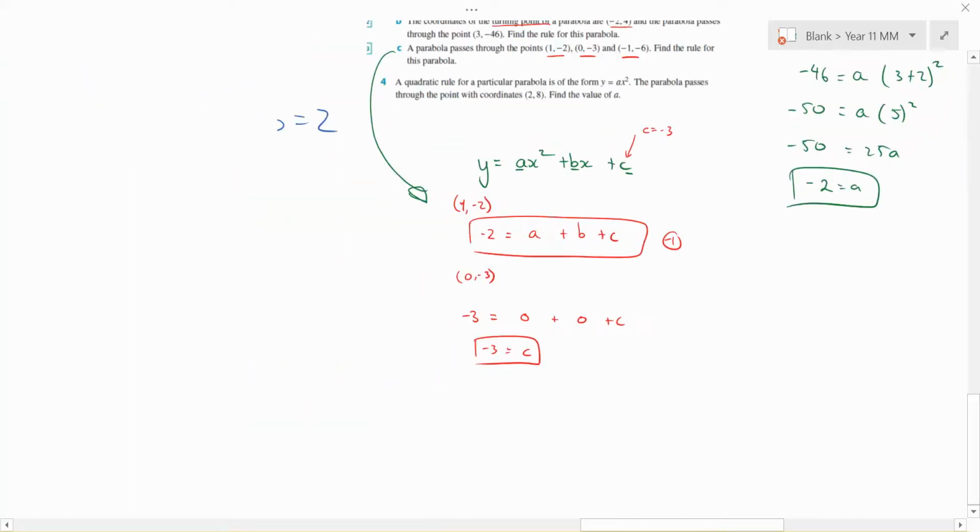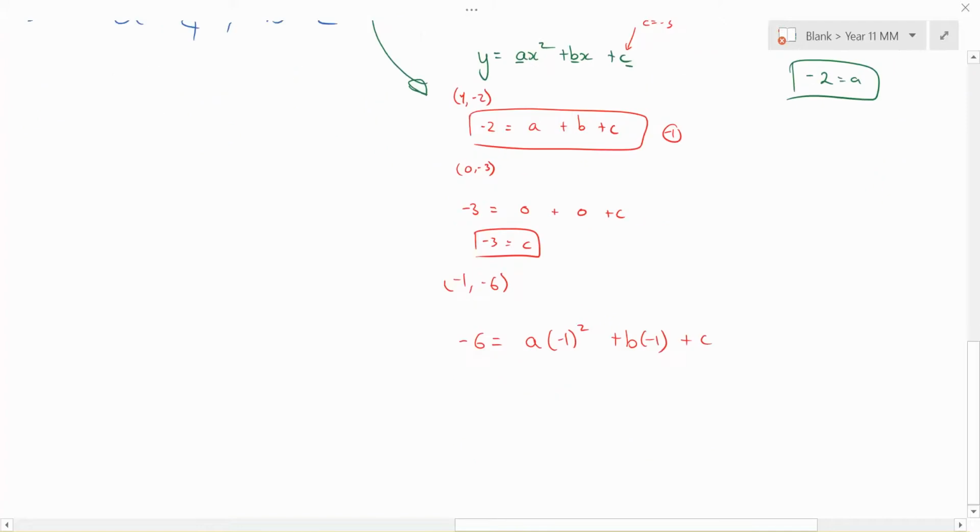And then finally, you've got the third coordinate, which is negative 1, negative 6. So when x is negative 1, y is negative 6. If I apply the same logic again, negative 6 is equal to a times negative 1 squared plus b times negative 1 plus c, which we know is negative 3. That becomes a minus b plus c equals negative 6.